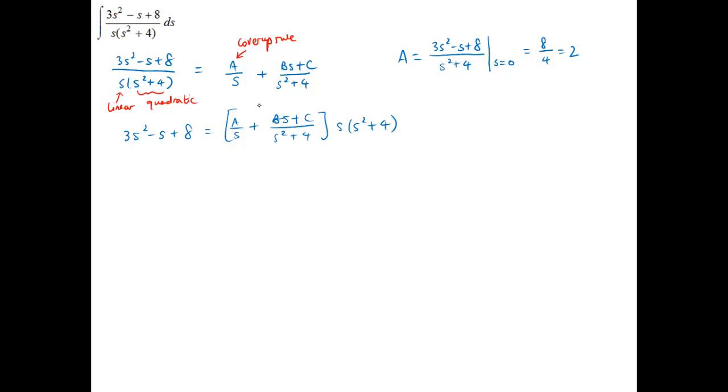Now I'm going to expand by distributing this to this fraction as well as this fraction. The first fraction multiplied to this term, can you see that s and s will cancel? So I'm left with this.